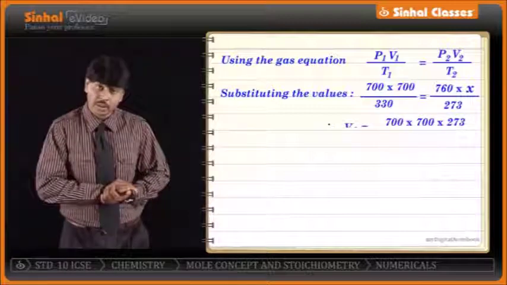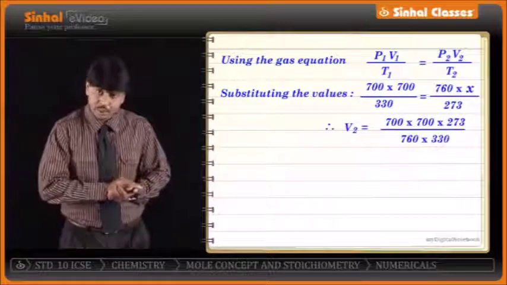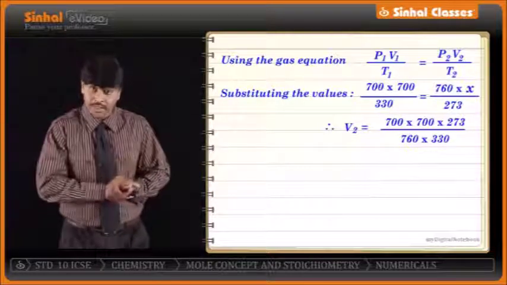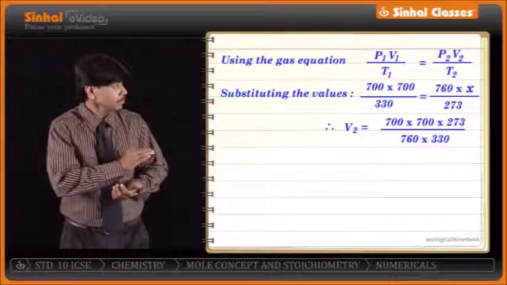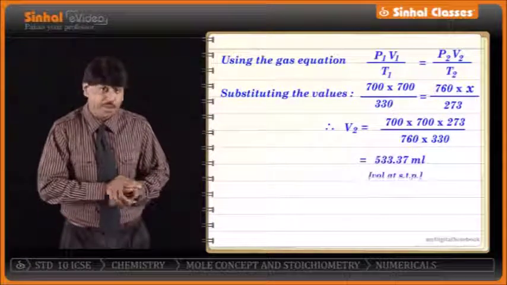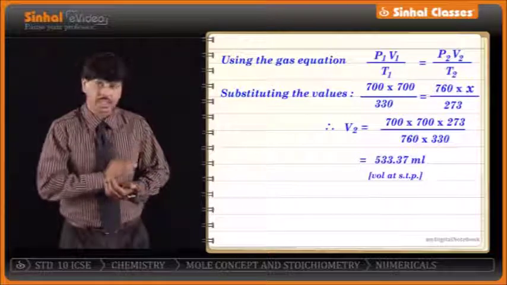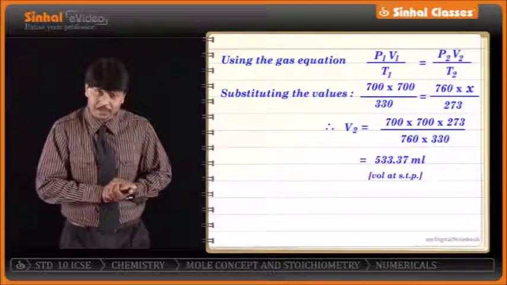V2 is equal to 700 into 700 into 273 divided by 760 into 330. The answer is 533.37 ml. This is the volume at STP.